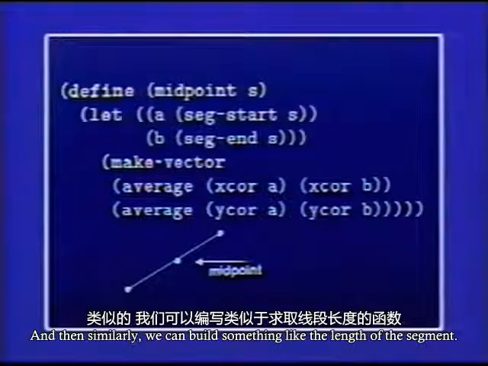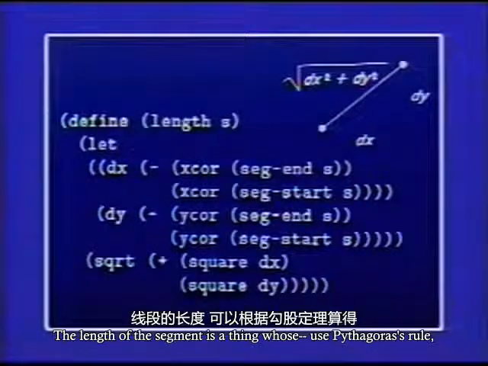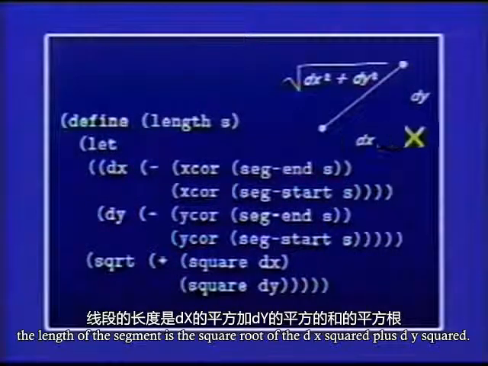And then similarly, we can build something like the length of a segment. We use Pythagoras' rule. The length of the segment is the square root of dx squared plus dy squared.